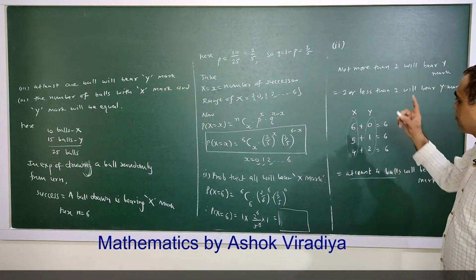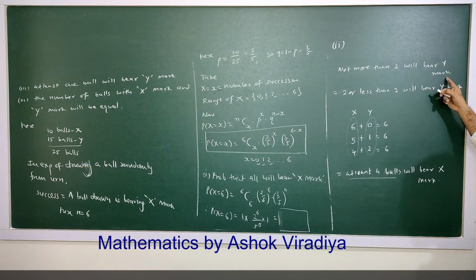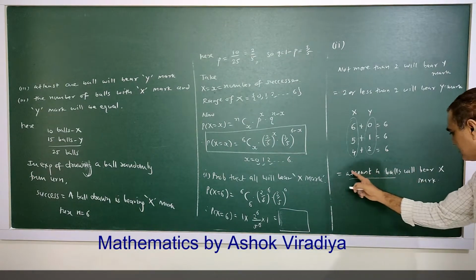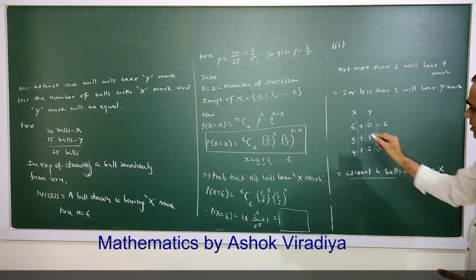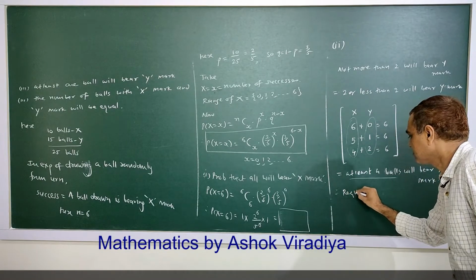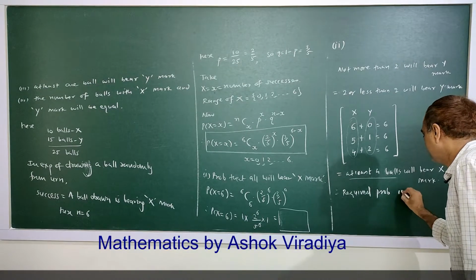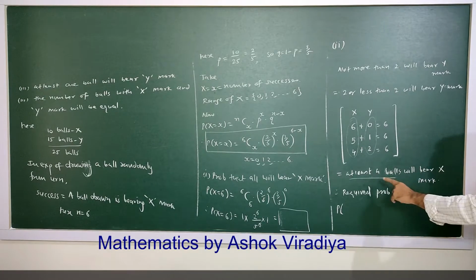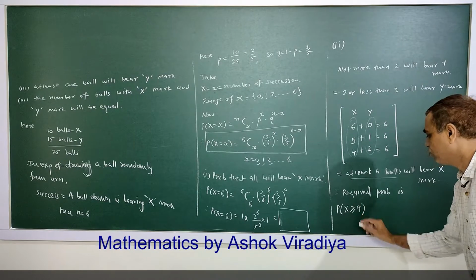So now, the probability that not more than 2 will bear Y mark is equal to the probability of this event, that at least 4 balls will bear X mark. So the required probability is, therefore, the probability that the number of successes is at least 4, that is, 4 or more than 4.